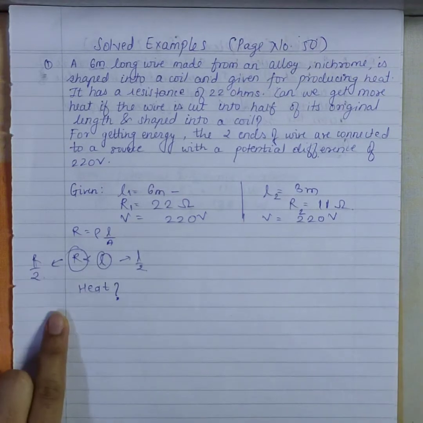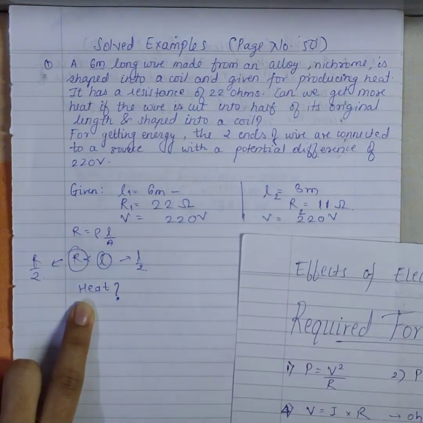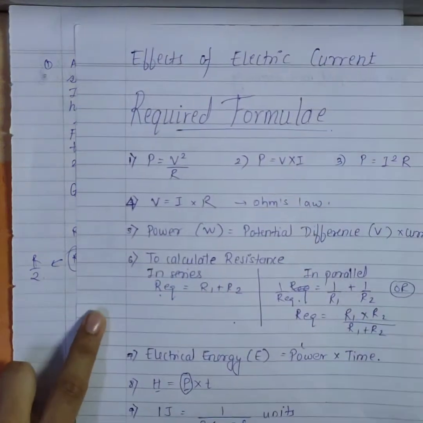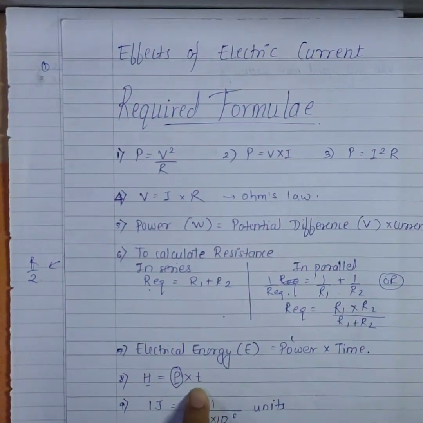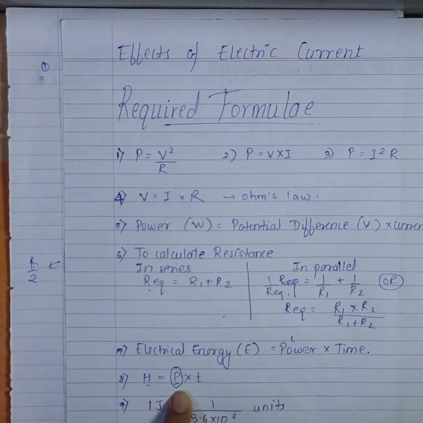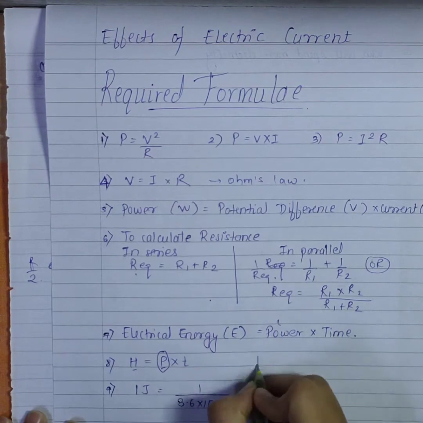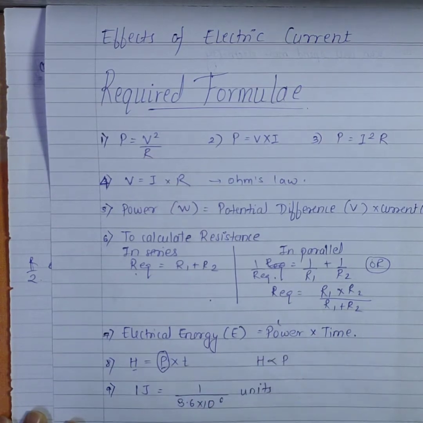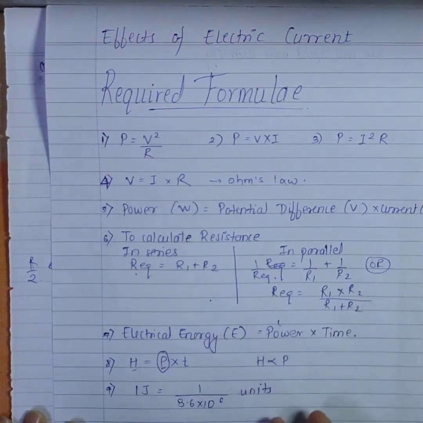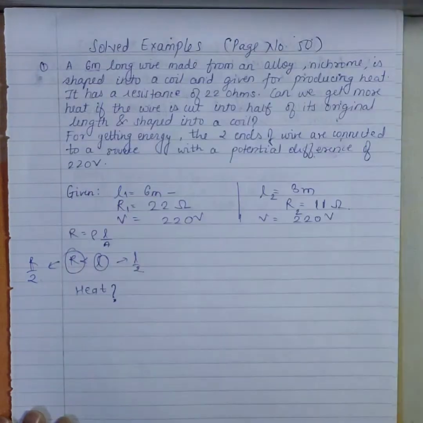Now again understand, they have asked you to calculate heat, but as they haven't given you time, we have to calculate the power instead of heat. And we know that H is equal to P into T, that is H is directly proportional to P. If my power increases, obviously my heat will increase.